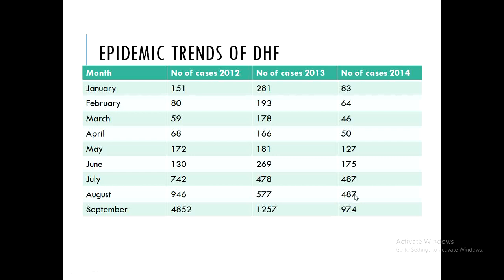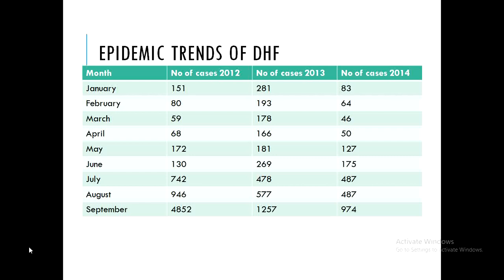So we can say that there is a relationship of dengue hemorrhagic fever with this time period of the year. So in epidemic trends, what is important to understand is that the relationship of the number of cases is made on the basis of the time at which it presents itself.